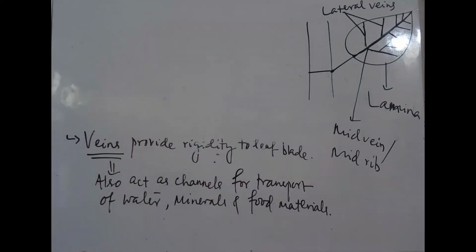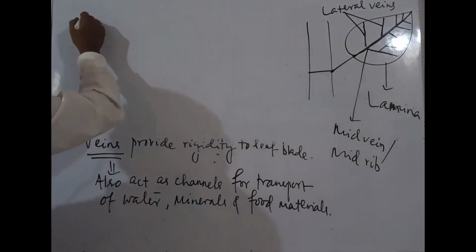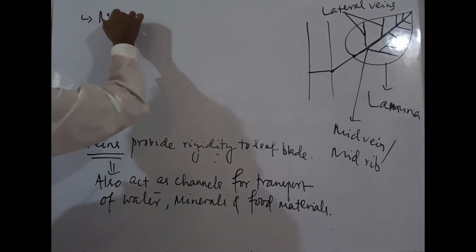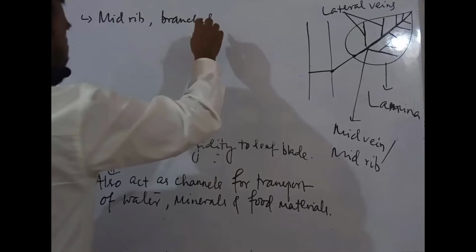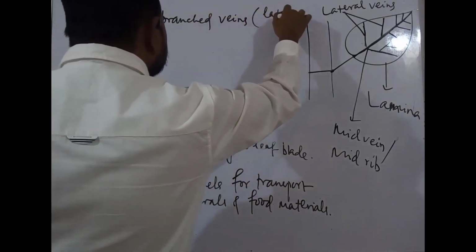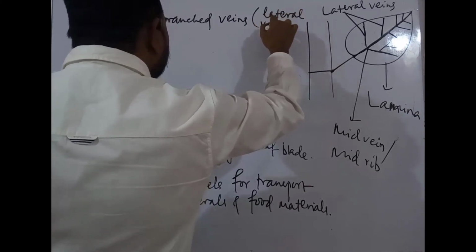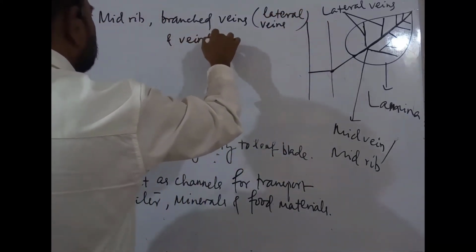Okay, so midrib and branched veins, that is known as lateral veins, and further branching known as veinlets, very fine veins.